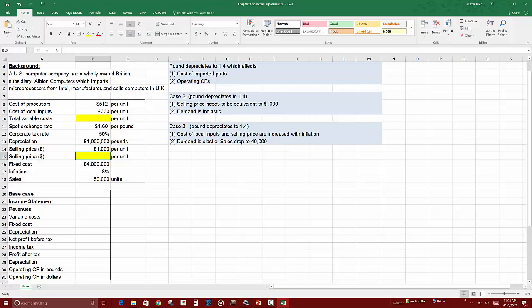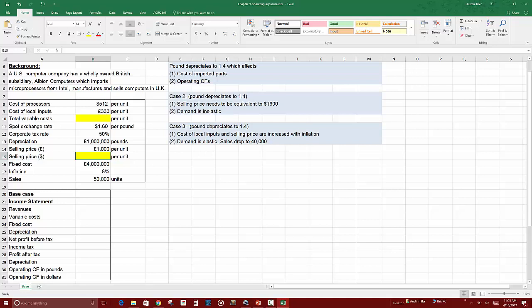So we need to calculate variable cost total per unit. Assuming that exchange rate is 1.6, corporate tax 50%, depreciation £1 million. Selling price in UK is £1,000. We can calculate equivalent dollar value or dollar selling price. Fixed costs assume is £4 million. Inflation is 8% in UK.